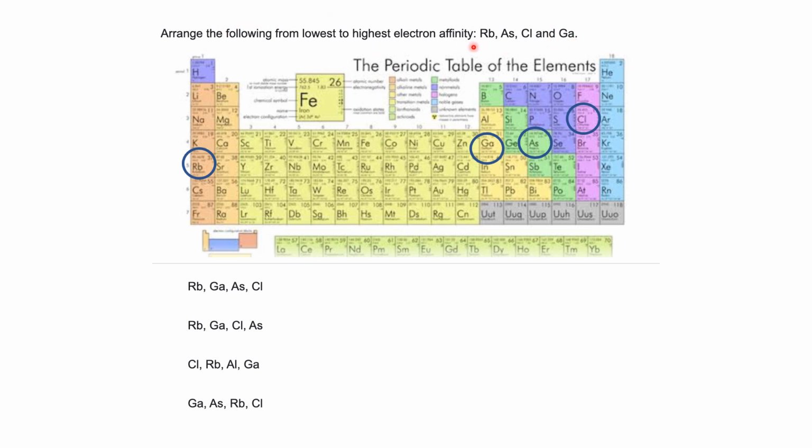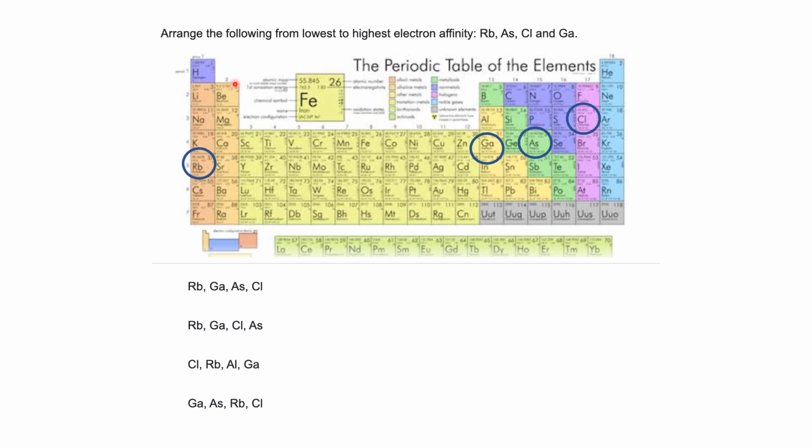We already talked about what electron affinity is, which is basically the energy released when an electron is attached to a neutral atom, and it becomes a negatively charged ion, or an anion.